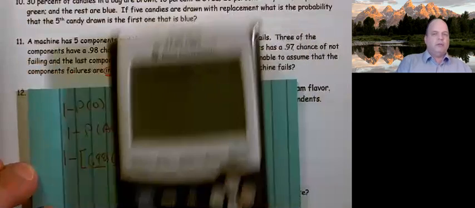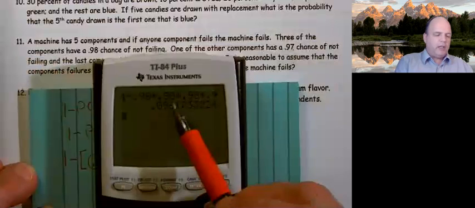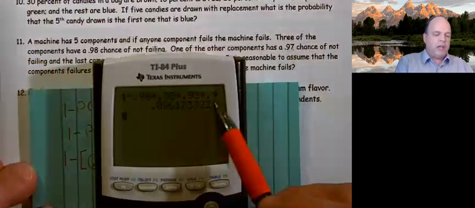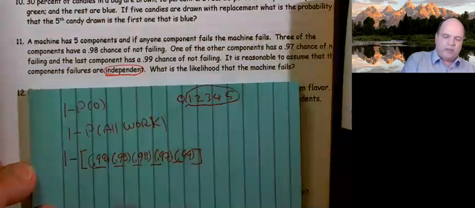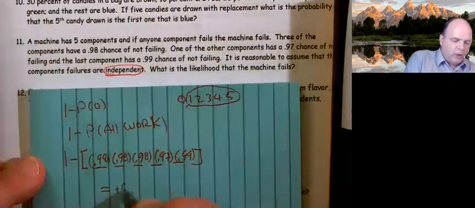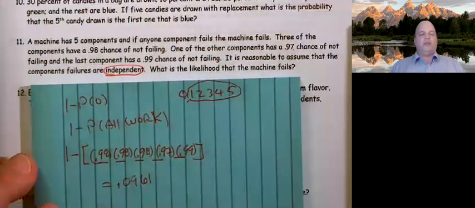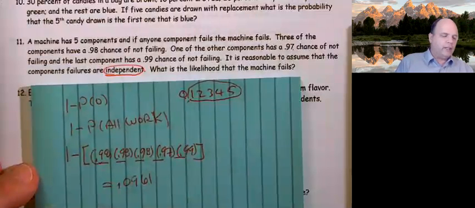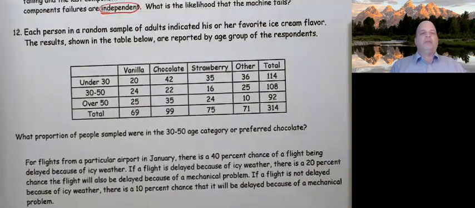And I end up getting 0.0961, or if you wrote 0.0962, of course you receive full credit for that. And that's question number 11. Moving on to number 12.